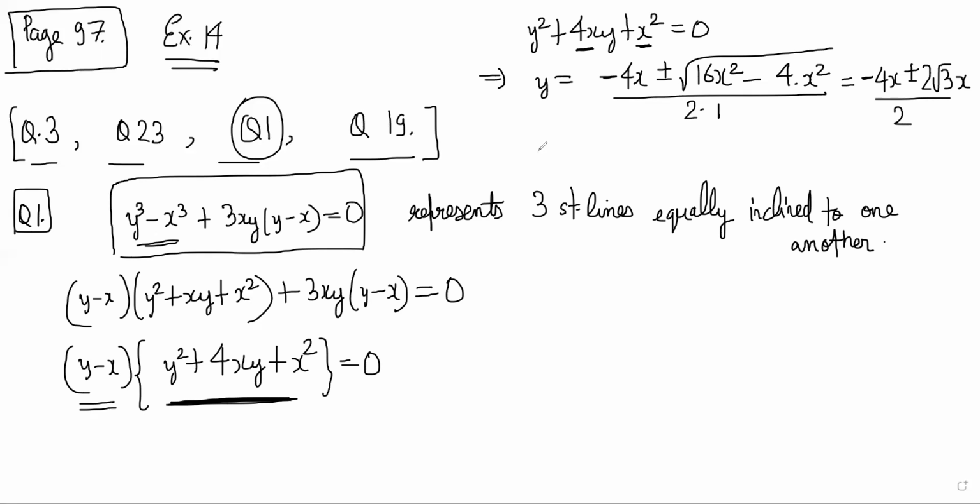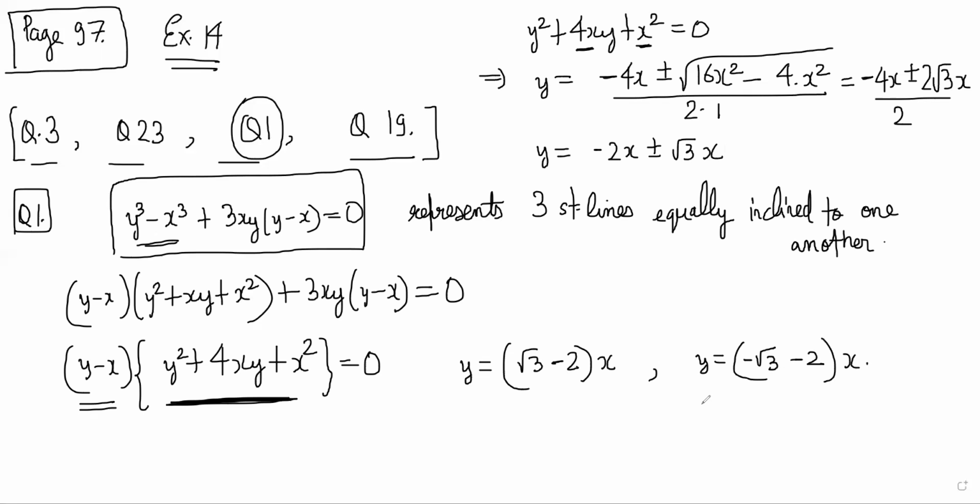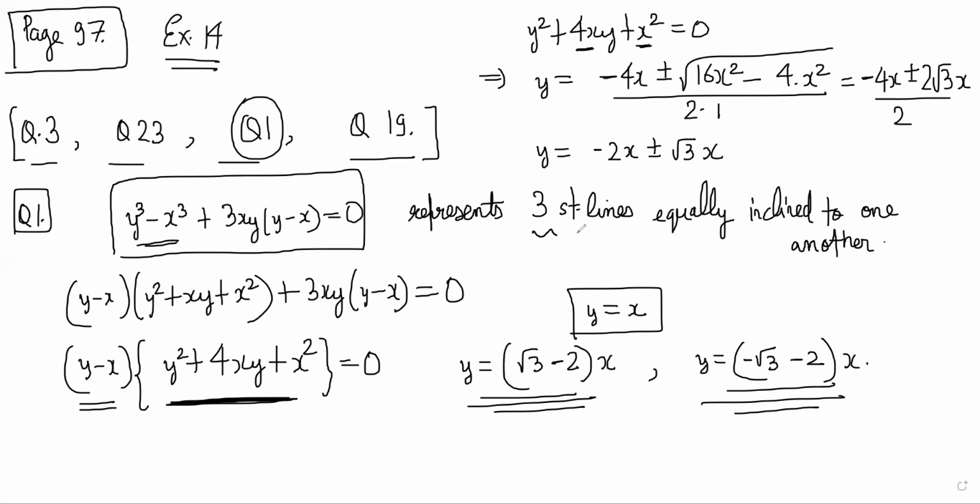So your line equations are y is equal to minus 2x plus minus root 3x, right? So the two line equations are y is equal to root 3 minus 2 into x and y is equal to minus root 3 minus 2 into x, right? So the three lines are y is equal to x, y is equal to this, and y is equal to this. Okay, great. So now we know the three line equations. So the first part is proved, that they represent three straight lines.